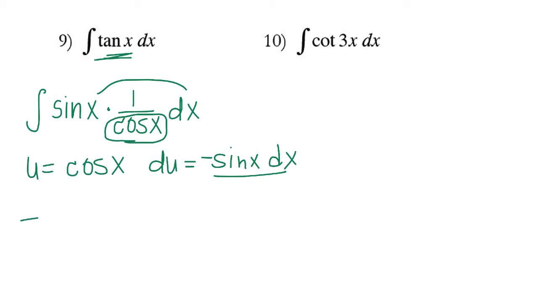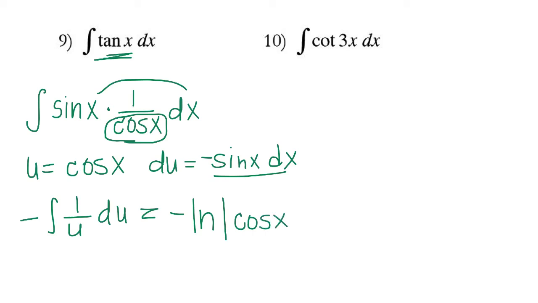I do have an extra negative, so I'm going to put the negative out front. And then I'm really integrating just 1 over u du. And now we know what that's going to give us. So we have negative, and then the natural log, absolute value of what u was, which was cosine x, and then plus c.